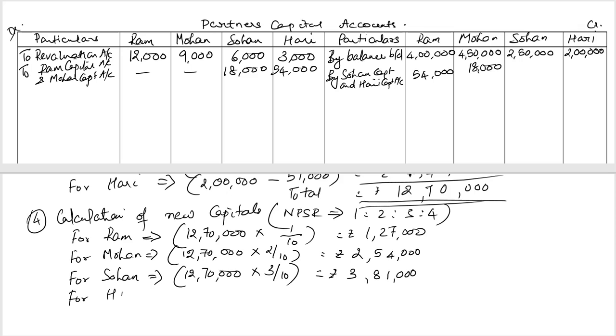And for Hari, 12,70,000 rupees into 4 divided by 10, which is 5,08,000 rupees.